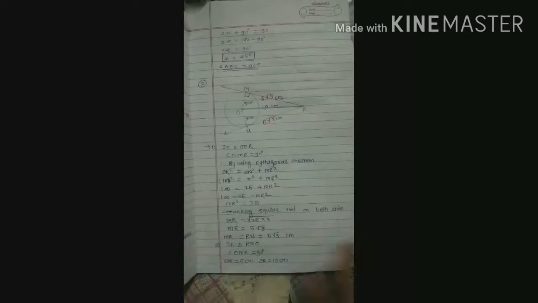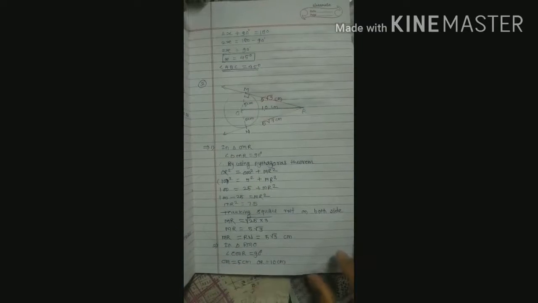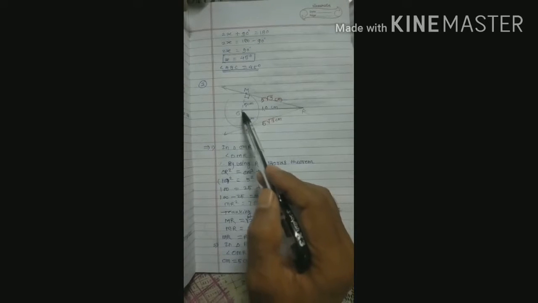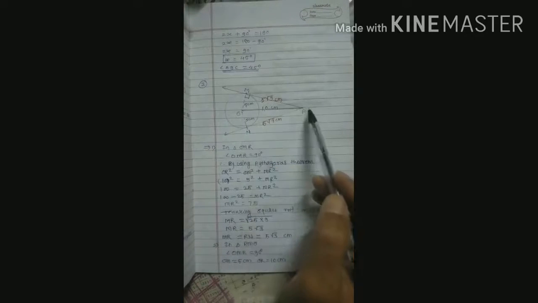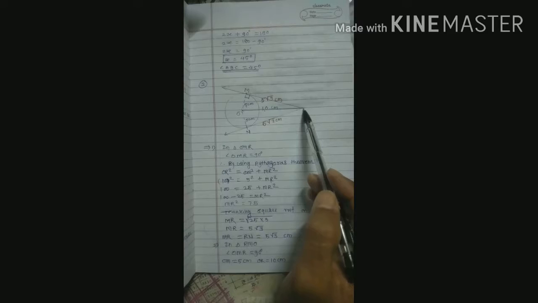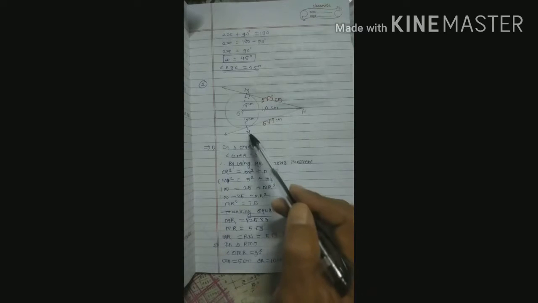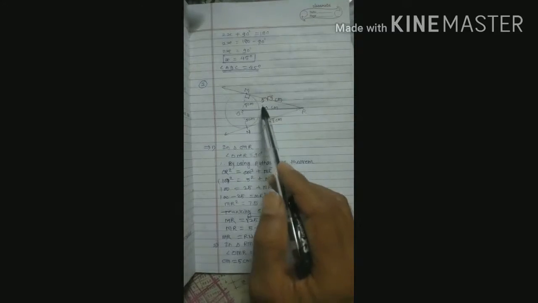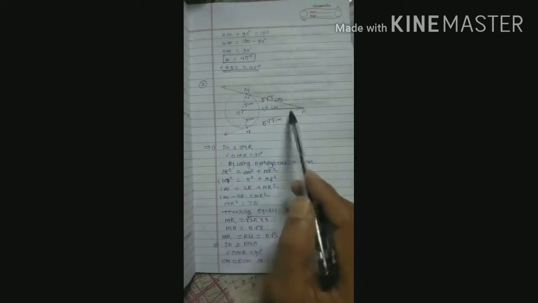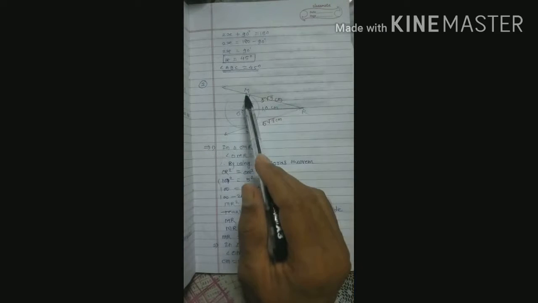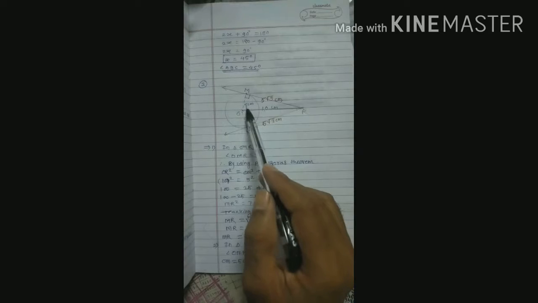So listen carefully. This is our second example. In this example, O is the center of the circle and R is the exterior point of that circle. Then from that R point, two tangents are drawn. One is RM and another one is RN, and OR is given as 10 centimeter and the radius of the circle is 5 centimeter.